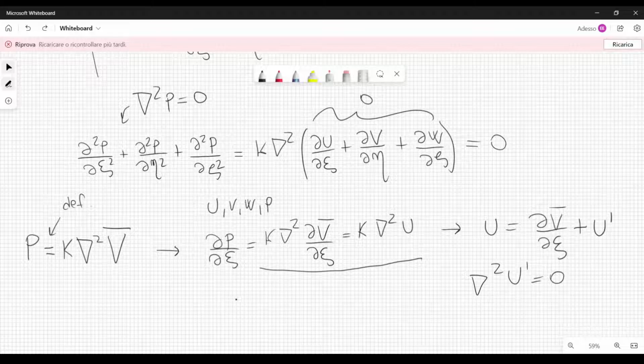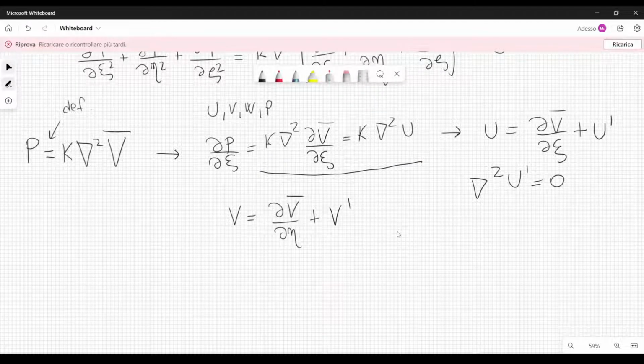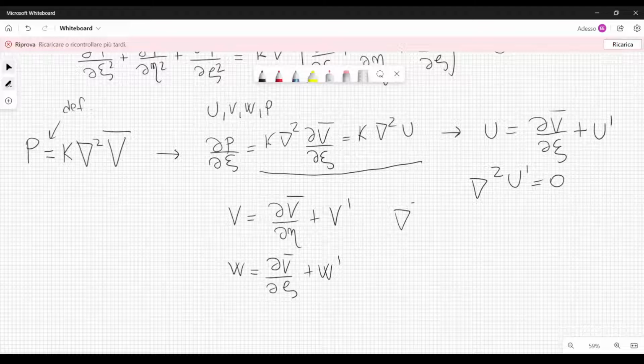Then, similarly, for the other two components, we define v equal to dV bar/d eta plus v prime, and also similarly we have w equal to dV bar/d zeta plus w prime, and we have del squared v prime equal to 0, del squared w prime equal to 0.